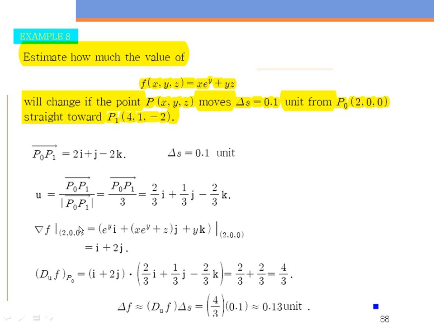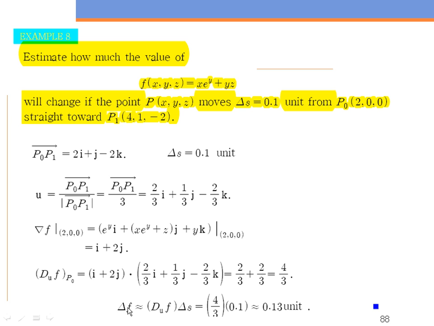We find the directional derivative of f at the point P0 as the inner product of the gradient vector and this unit vector, which is 4/3.